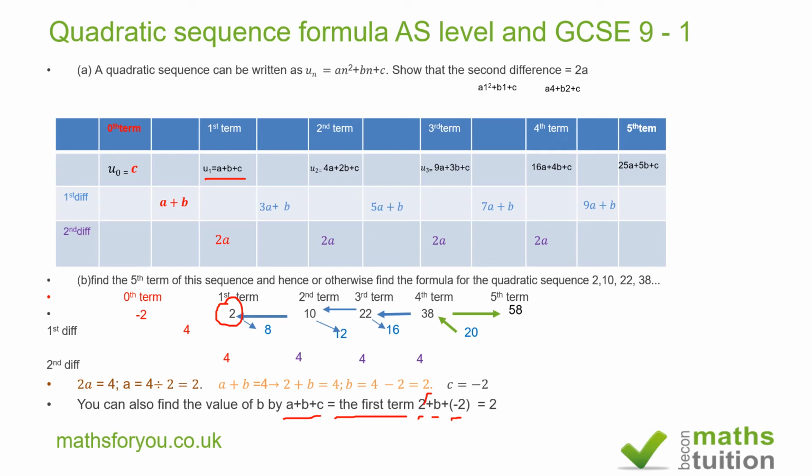These 2's cancel out, so we end up with b as having the value of 2, which agrees with what you've got there. So now our formula for this sequence, u sub n, becomes 2n squared plus 2n minus 2, or 2n squared plus n minus 1. Hope that makes sense. Now for the next slide.